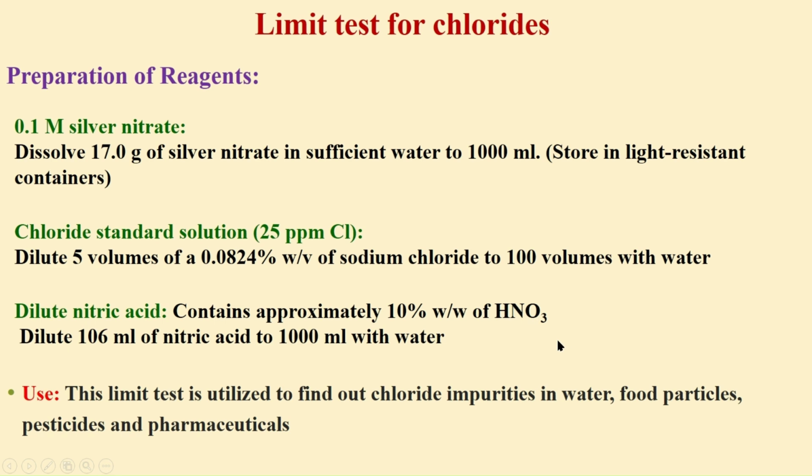This limit test is used to know the amount of chloride impurities that may be present in water, food particles, pesticides or pharmaceuticals. The water which we use may also contain chloride ions.